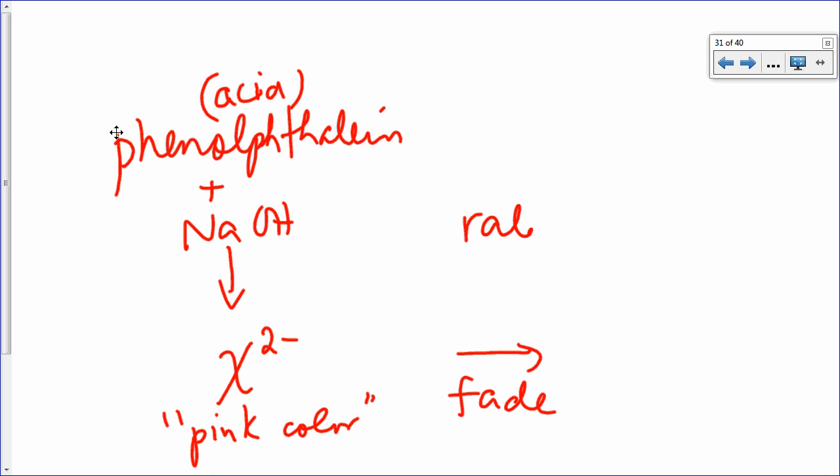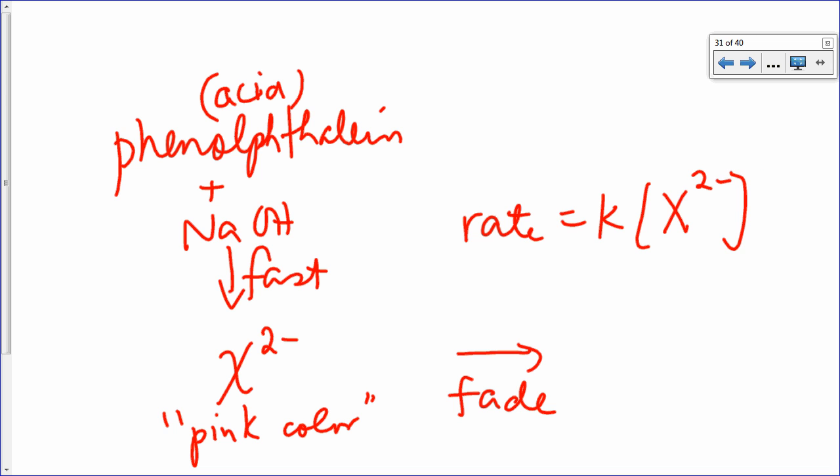It's converted right away to the pink ion, that's a very fast reaction. What we're going to be monitoring in this experiment is the fading of this pink color, so the conversion of this negative ion into something else. In your handout you'll have the details of this reaction.